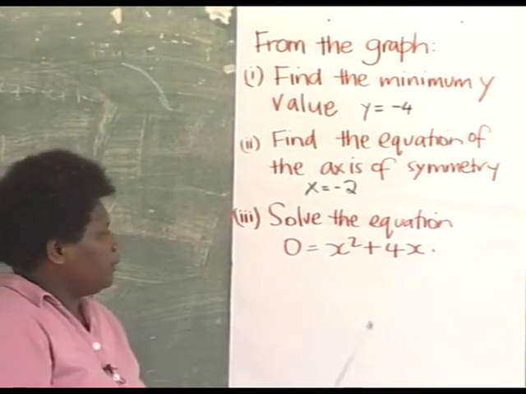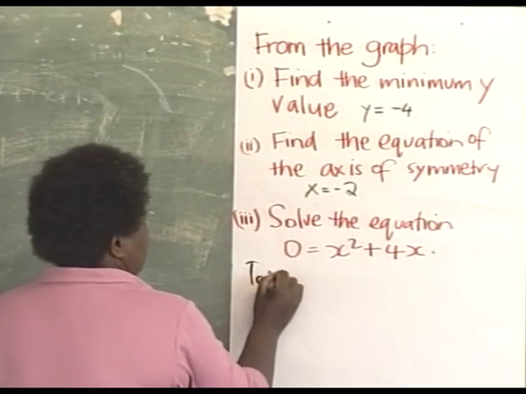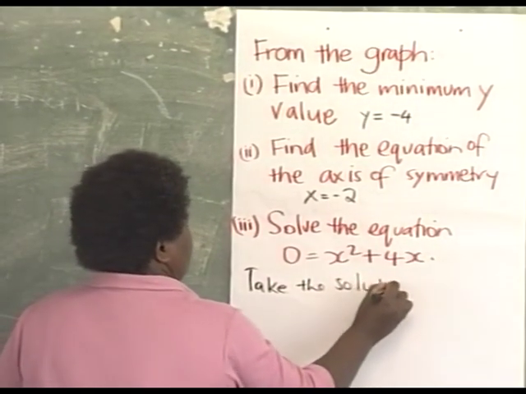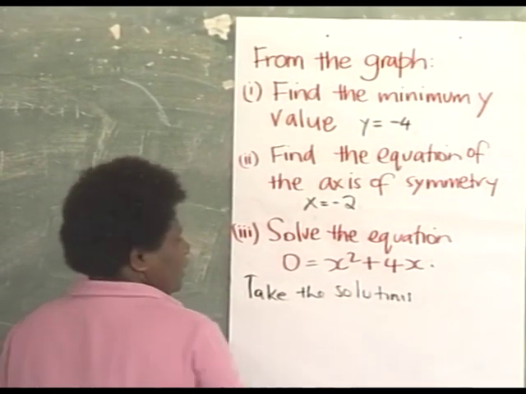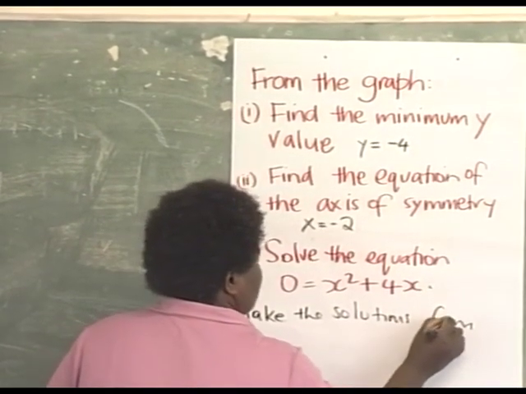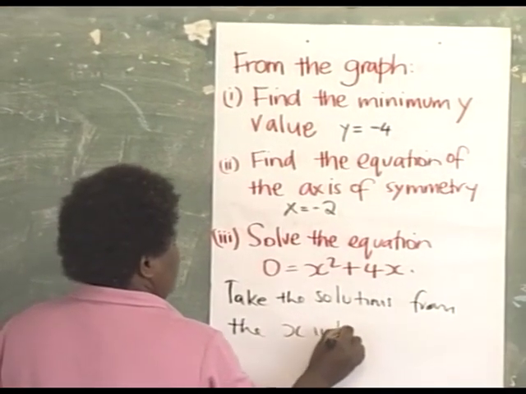And to solve the equation, all you have to do is take the solutions. It might be 1, it might be 2, from the x-intercepts.